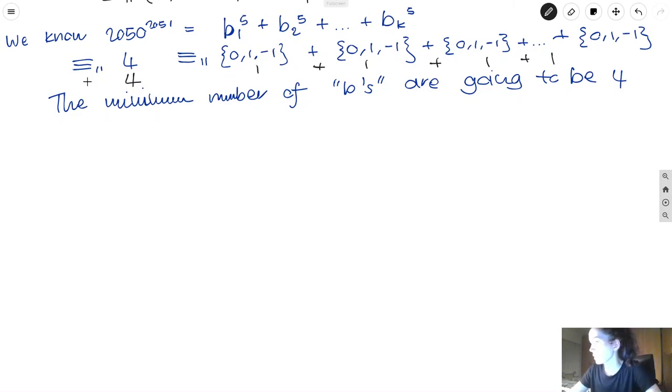So we now say we want to prove k equals 4 is the minimum solution.